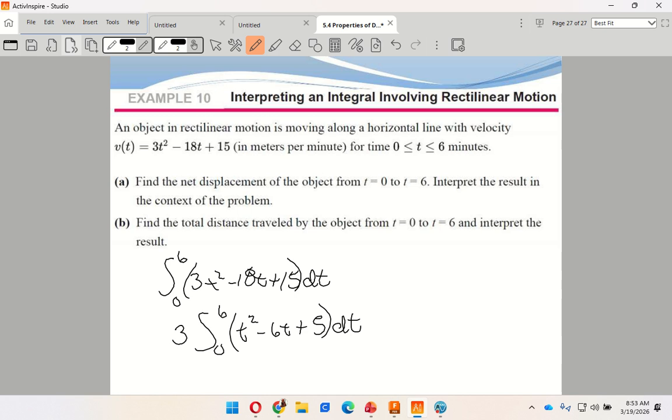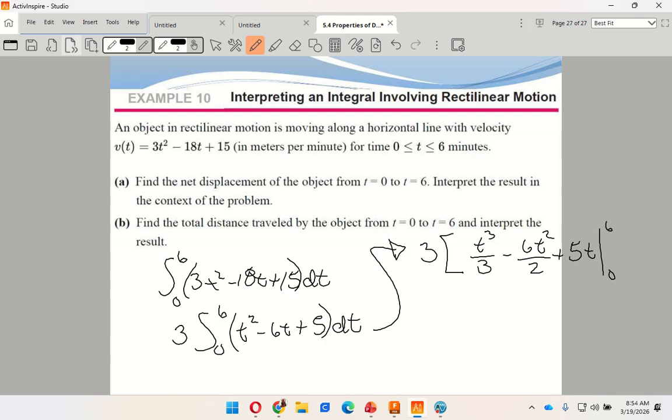And then I get, what am I going to get? 3, and then that's going to give me t cubed over 3 minus 6t squared over 2 plus 5t from 0 to 6. All right, keep going.